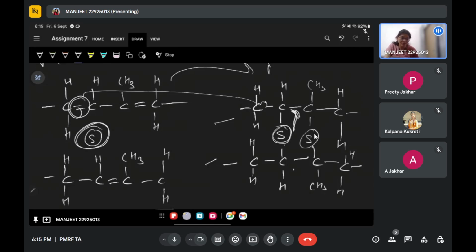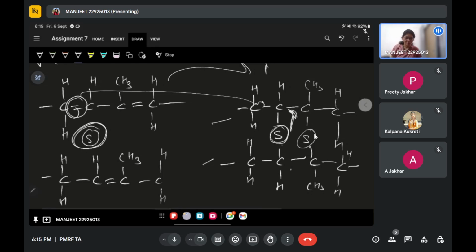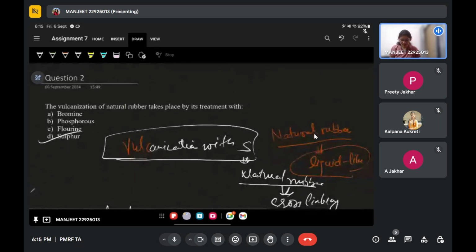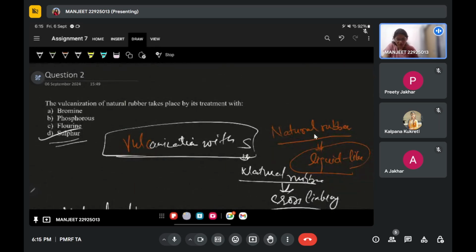So the cross linking between the different isoprene molecules increases, and that's why the hardness increases, and this vulcanization is because of the sulfur atom. So the vulcanization of natural rubber takes place by its treatment with sulfur. Okay, is it clear?